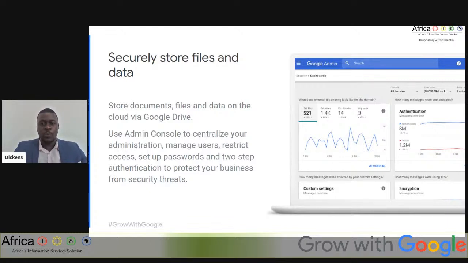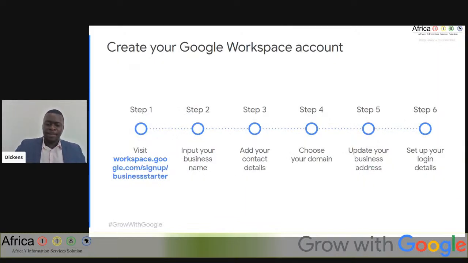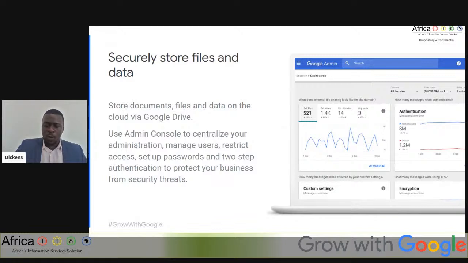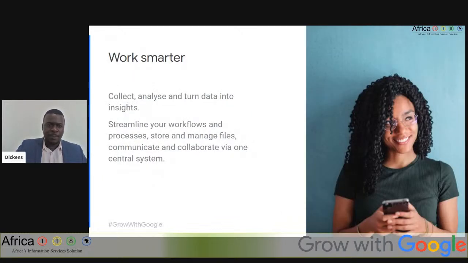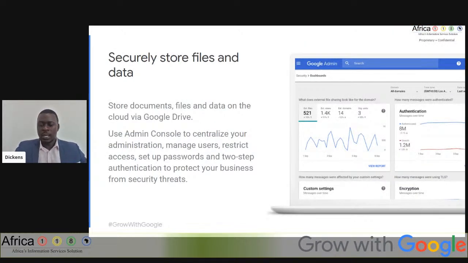As an admin, you are able to use the admin console to centralize your administration, use integrated cloud identity features to manage users, and set up security options like two-step verification. So, ladies and gentlemen, these are some of the ways that Google Workspace has enabled most businesses and most managers in organizations to work smarter, secure their files and collaborate online.